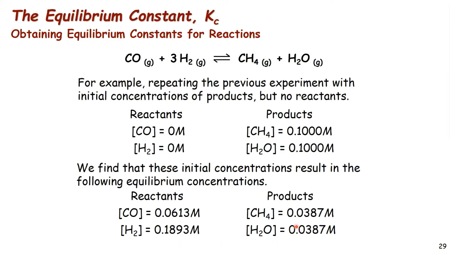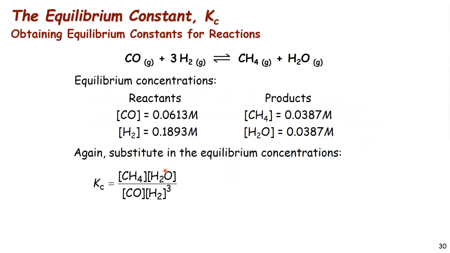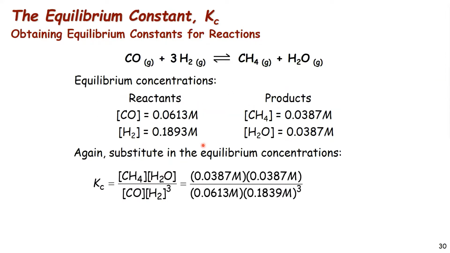Now, again, I'll plug that into the equilibrium constant expression, right, with our equilibrium concentrations, plug it into my calculator, and again, I come up with the exact same number, 3.93. So again, as long as you're at the same temperature and pressure, if gases are involved, then you're always going to have the same equilibrium constant.